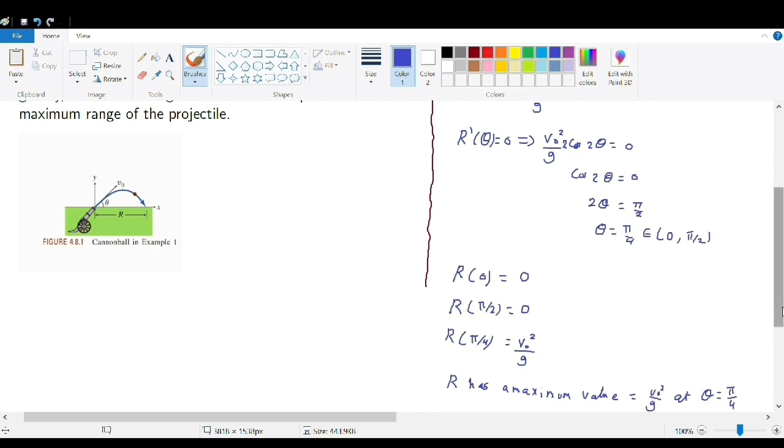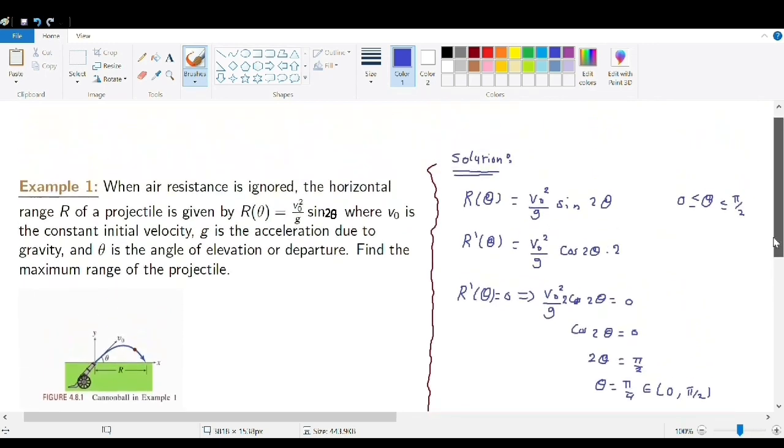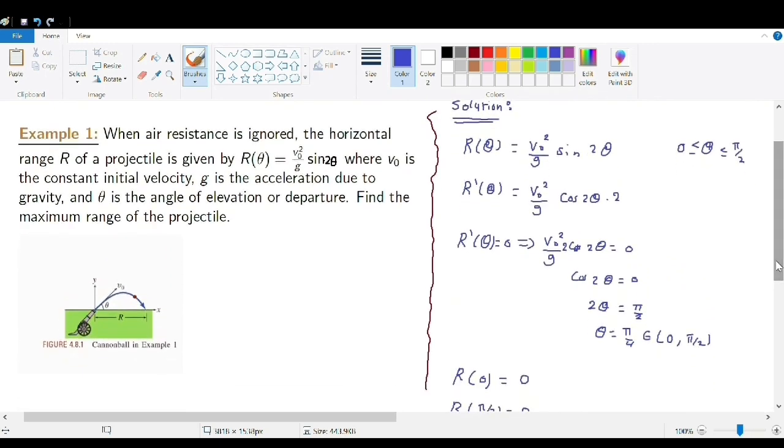So again, from the beginning we are given that the projectile is moving some distance range. This r, we are asked to find theta where this theta gives the highest r. Our function is continuous, so we find the critical point, which is theta equal to pi over 4, and pi over 4 is in this domain.